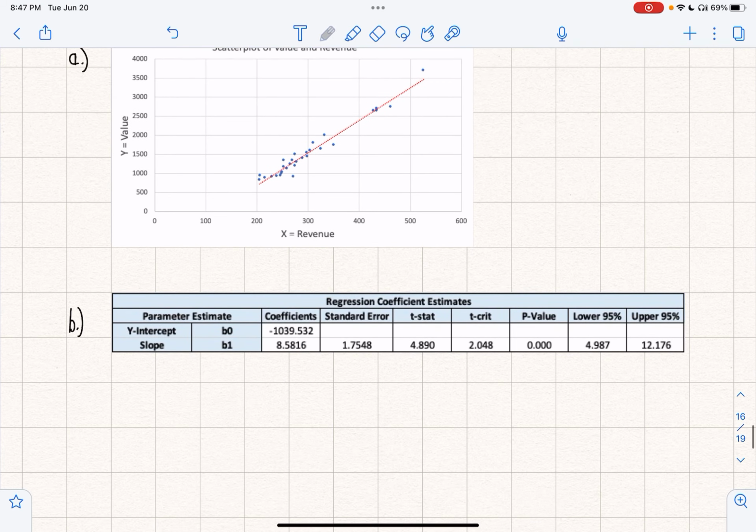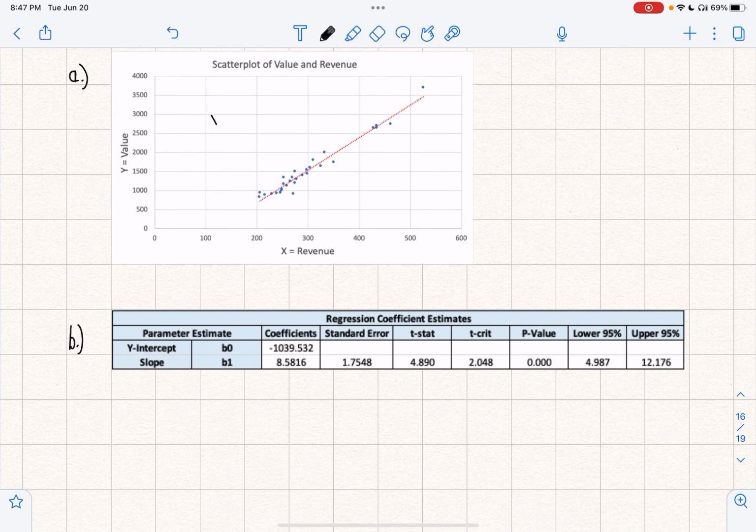So if we wanted to write our equation up here, we would have value is equal to negative 1039.5 plus 8.58 times revenue.